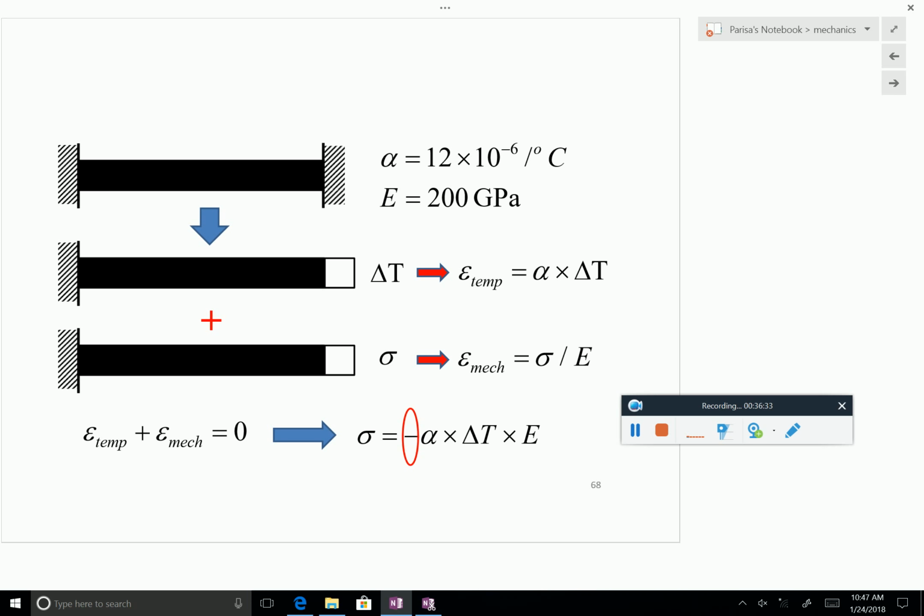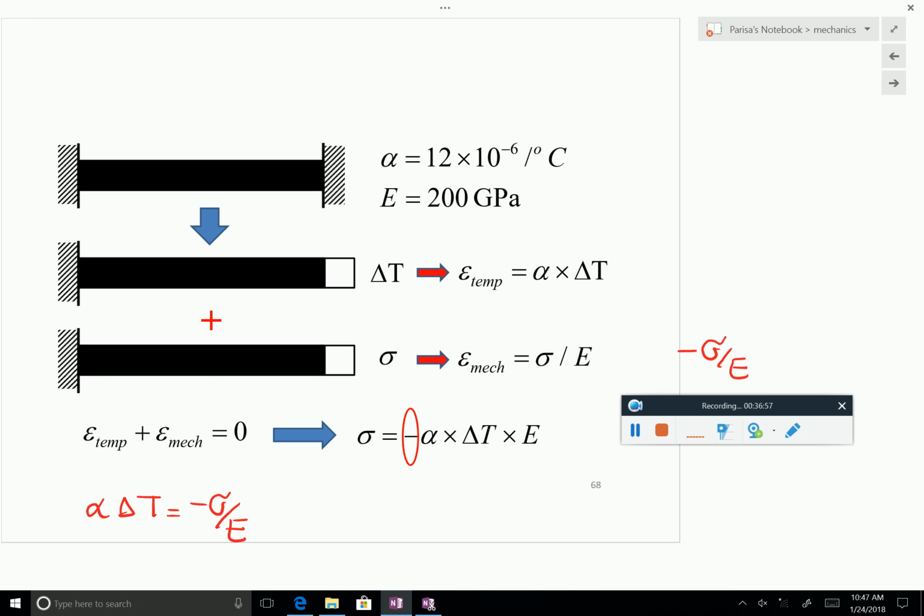Or if you write it, so you can think about it, writing it like that, if it is compression, just say these have to be equal. Or you may consider this as tension and you write it like this and just say that the summation has to be 0. At the end you get the same thing.